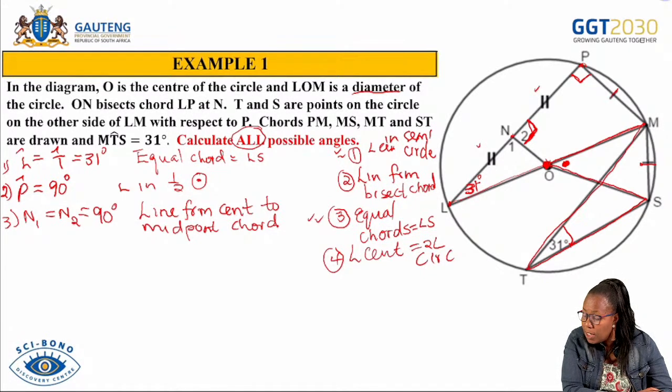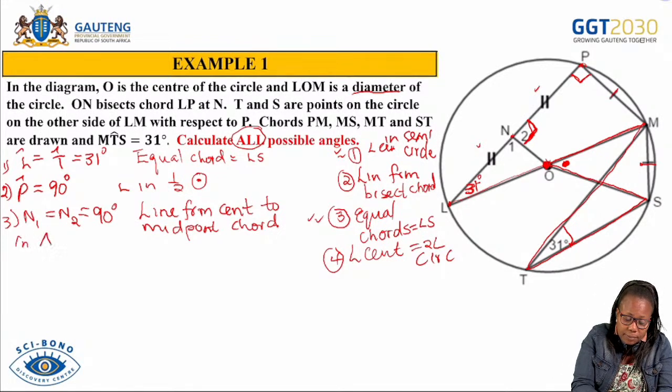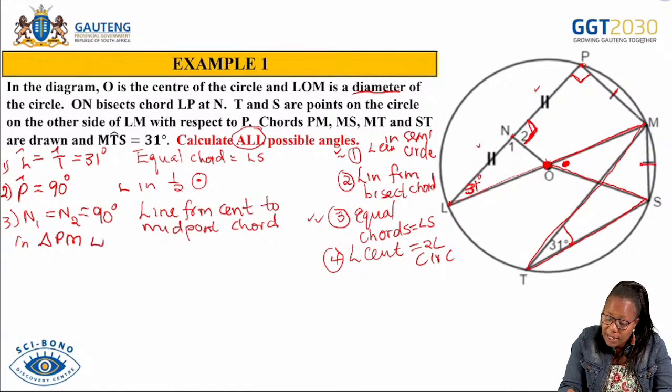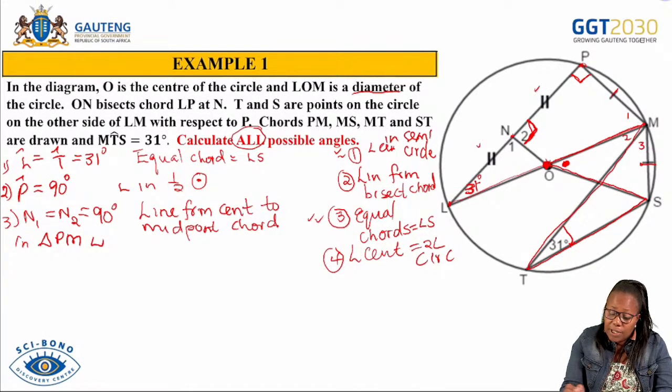Let's look into the triangle PMN. Remember I said you can also apply the sum of angles of the triangle. In triangle PMN, we have this angle here. We can call it M1, M2, M3 there. I'm talking to angle M1. We can find the sum of angles of this triangle.